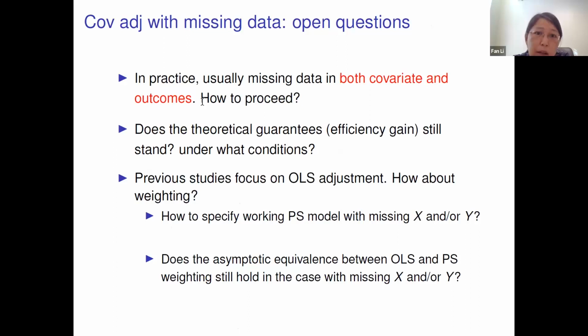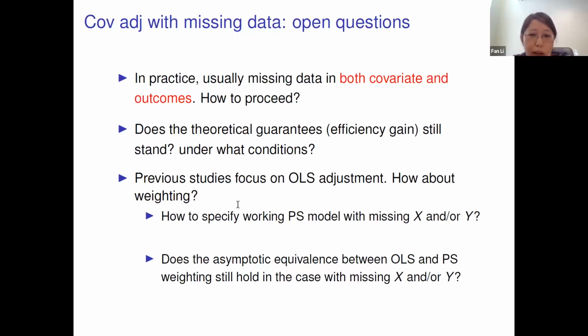Of course, then the question becomes: I know both of the authors pretty well, and I asked them, great, congratulations, great result. But how often do you have missing data only in covariates? What if you have missing data in the outcome also? How do I proceed? Does this nice theoretical property still extend there, and under what conditions?